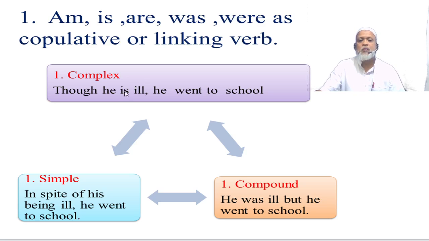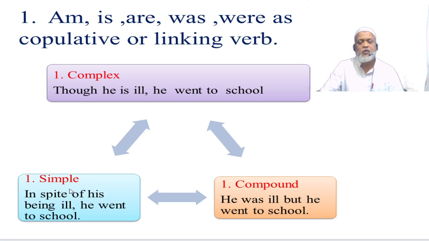So we write here being. In spite of his being ill, he will be changed to his, and is will be changed into being, and then we use a comma, and the rest of the sentence will be unchanged. It will be turned into a simple sentence.